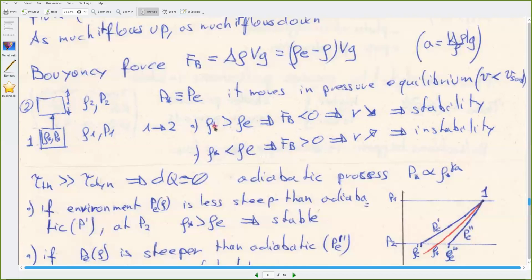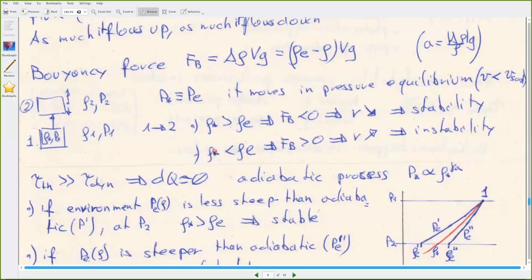If the density of this part is higher than the environment, then the buoyancy force will be negative. That means the distance will decrease, so we have stability.